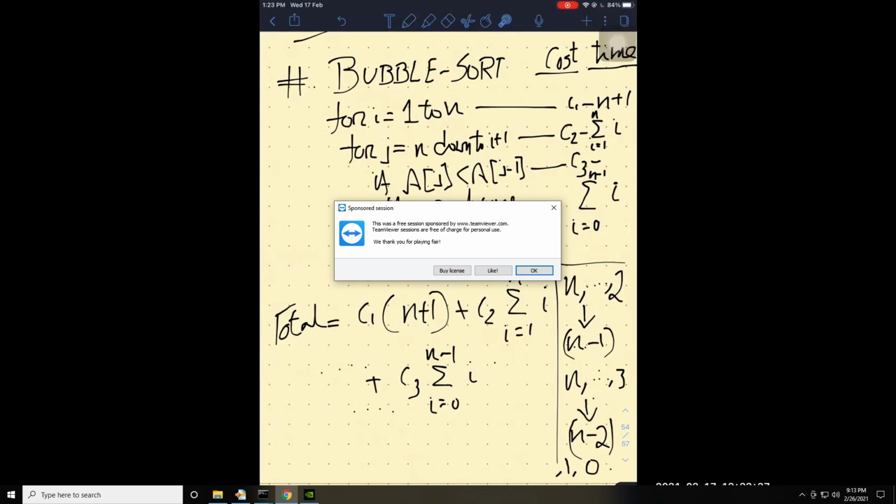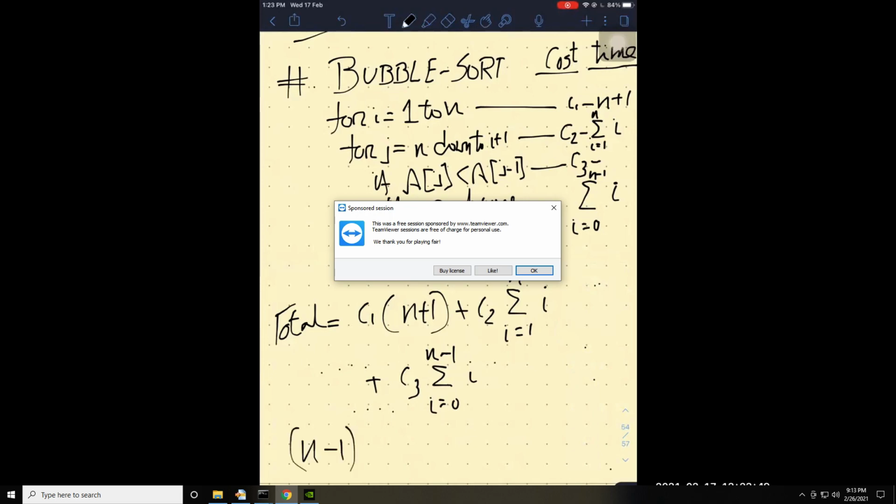So that way we will get a series which will look like n minus 1 plus n minus 2 all the way down to 0.